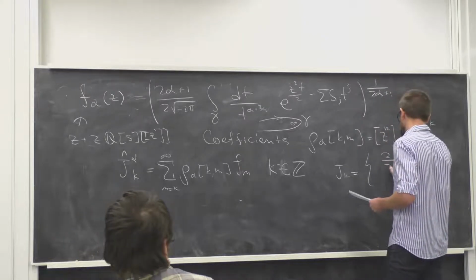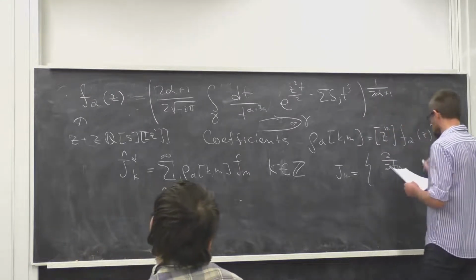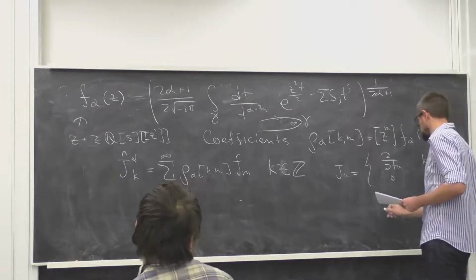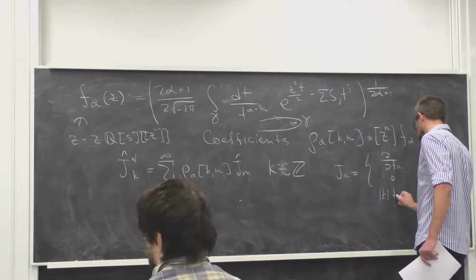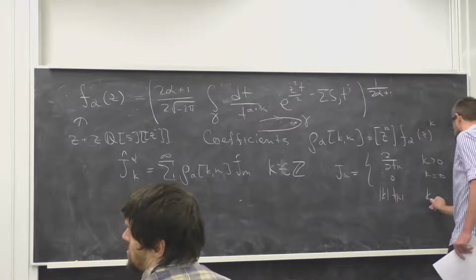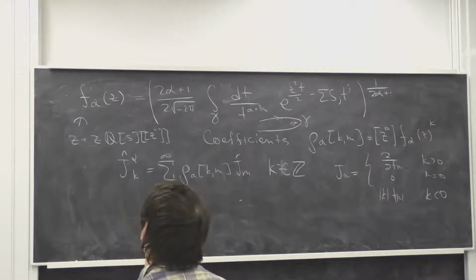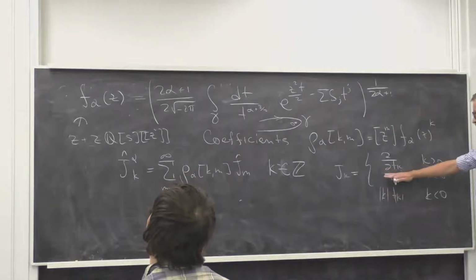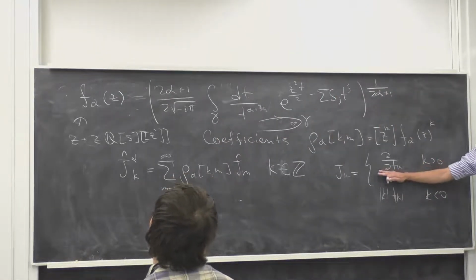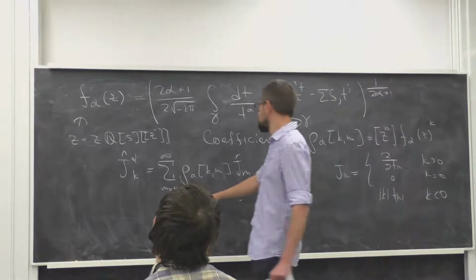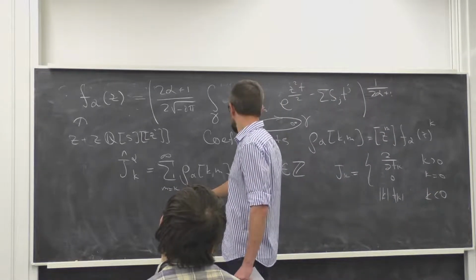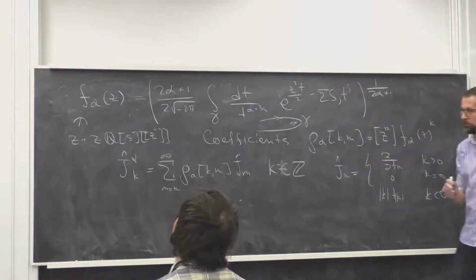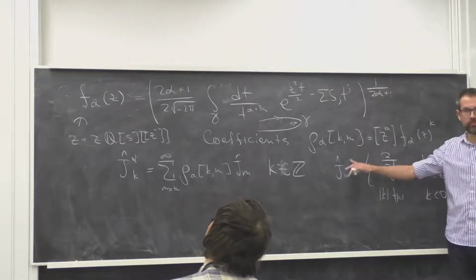So d over dt k for positive k, 0 for k equal to 0, and k t k for negative k. So these operators are just linear combinations of these. You have hats on both sides. Yes, I just denote the operators acting on the space of t variables by hat.